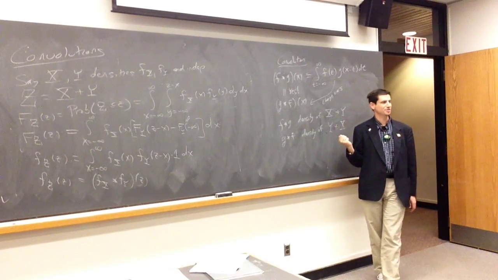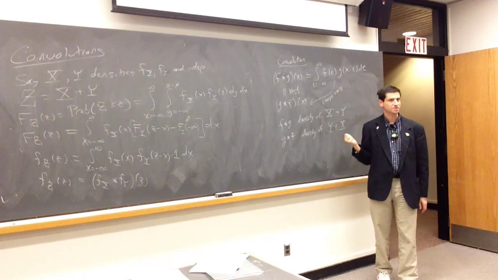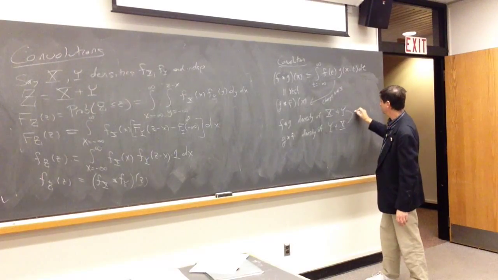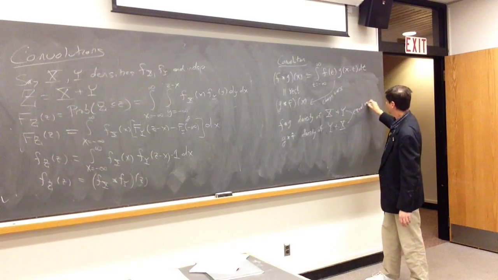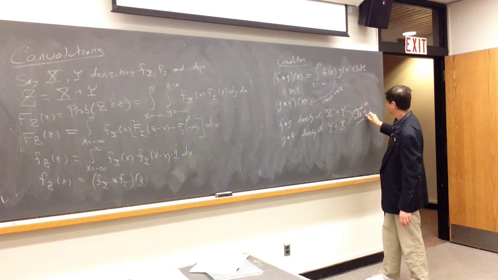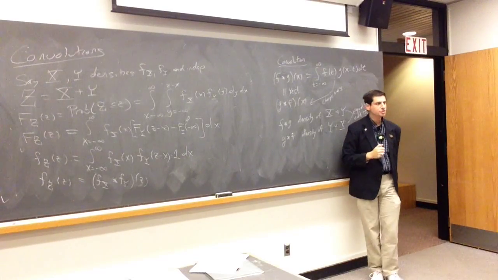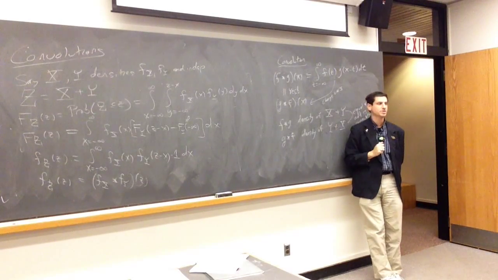Is addition commutative? Yes. These are equal as addition is commutative. So because addition is commutative, we know that f star g must be the same as g star f.